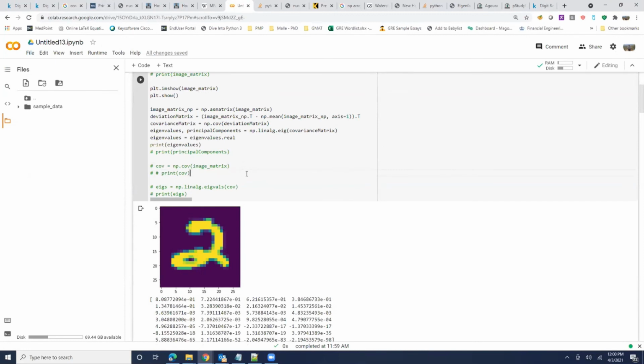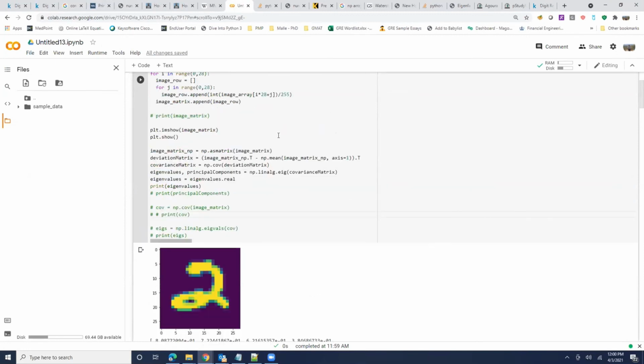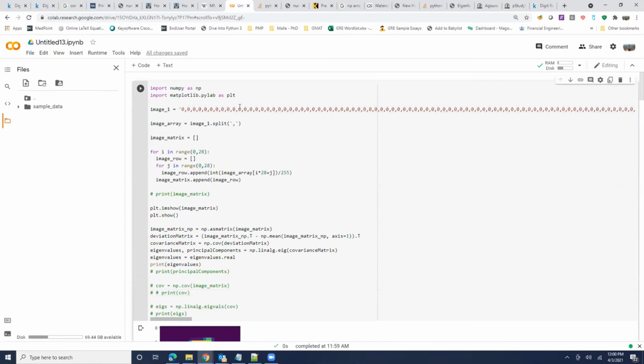Just so you guys get familiar, the goal for this week's homework would be to read some numbers, because every image is just a bunch of numbers. If you notice here, I have these numbers here. You find the eigenvectors for a sample set of images.